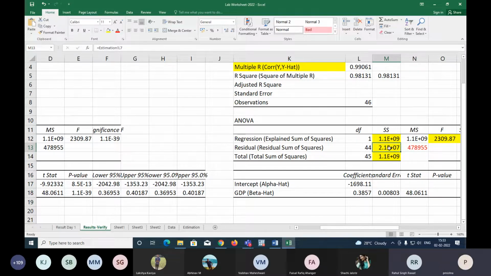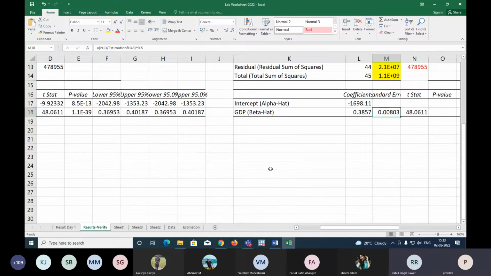This is RSS, that is summation of u hat i square, and this is divided by n minus 2. That's what we have done here. So if you see this formula, here we are using N13. Then what are we dividing with? N13, remember, already it is divided by n minus 2.